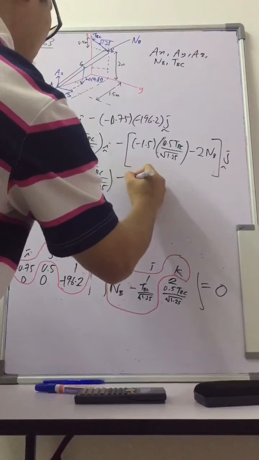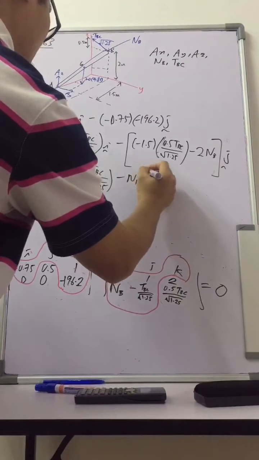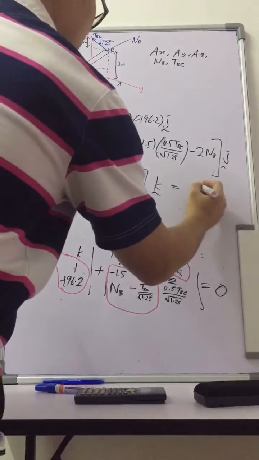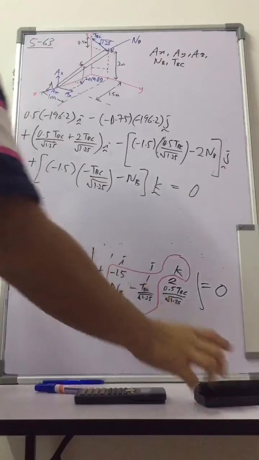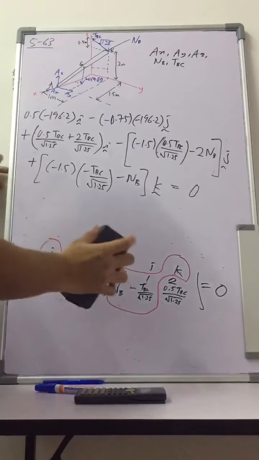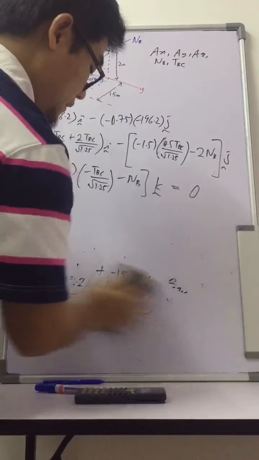Minus NB. Okay. Right? Equals to 0. Okay. Okay, let's erase this.